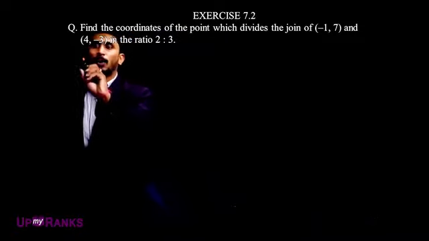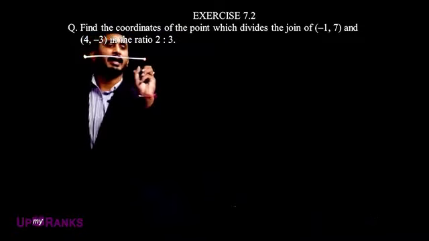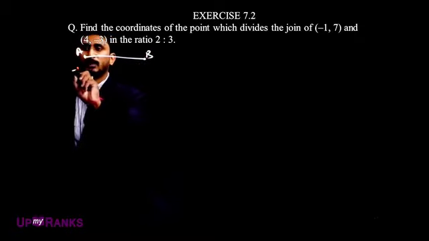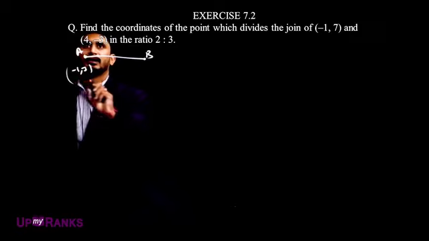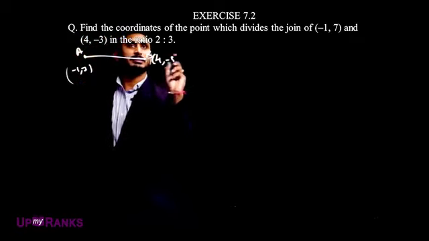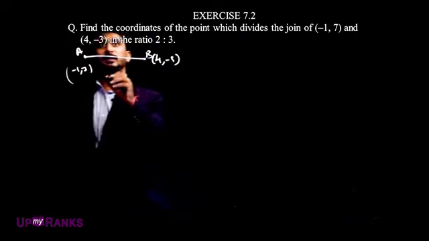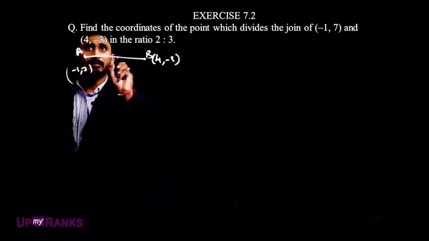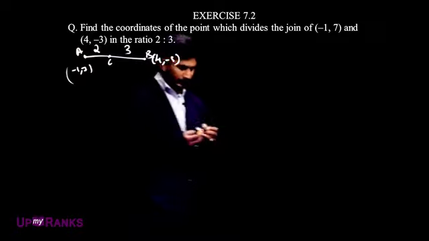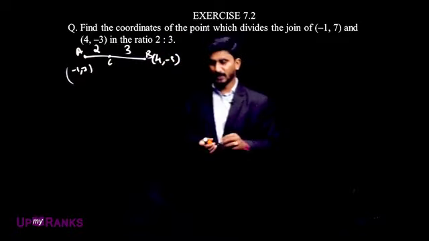There are 2 points, which we will consider as A (-1, 7) and B (4, -3). There is a point somewhere in the ratio 2:3. I'll consider the point as C.